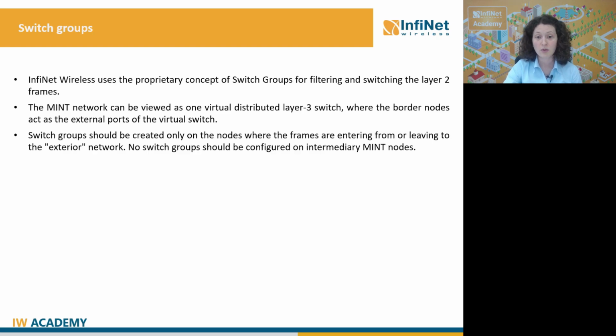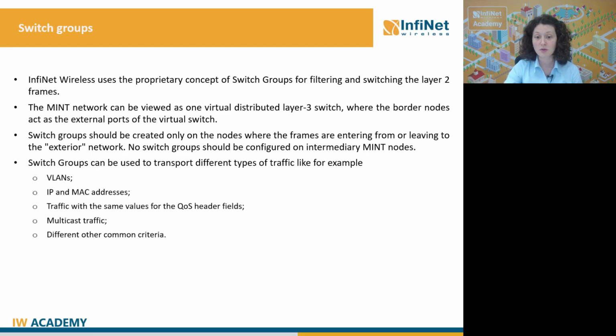Switch groups should be created only on the nodes where the frames are entering from and leaving to the external network. And we mean, of course, the external network related to the Mint network, so the Ethernet network. To sum up, no switch groups should be configured on internal intermediary Mint nodes.